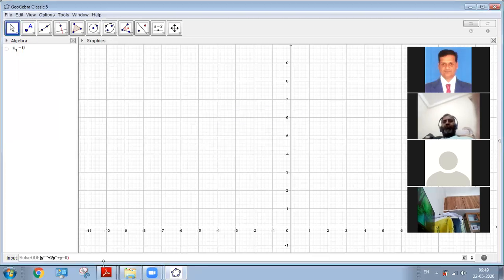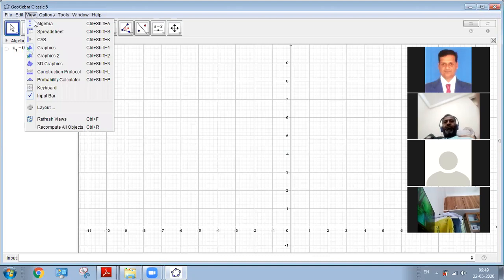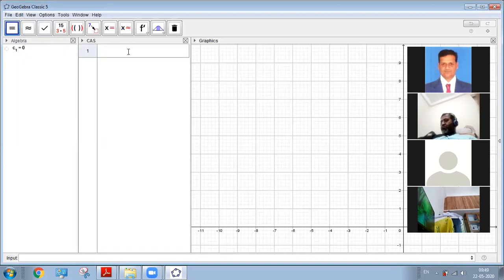For solving a differential equation, you just go to this view. Here you go to the CAS window. CAS is the short form of computer algebra system. Here you have to type.